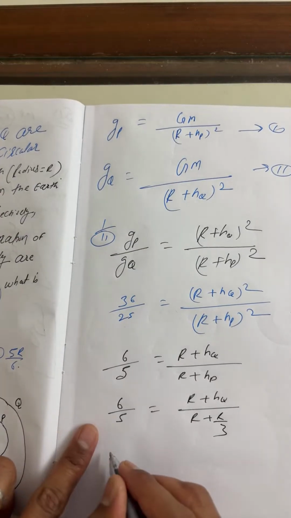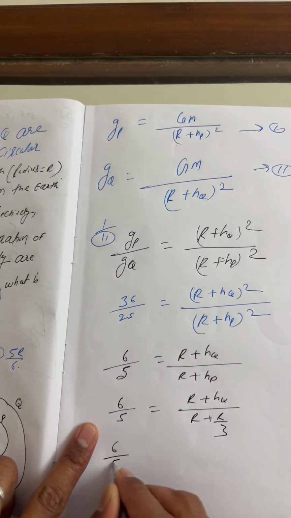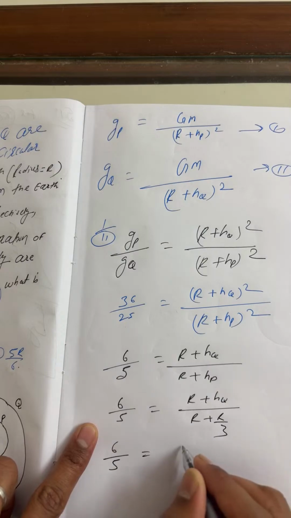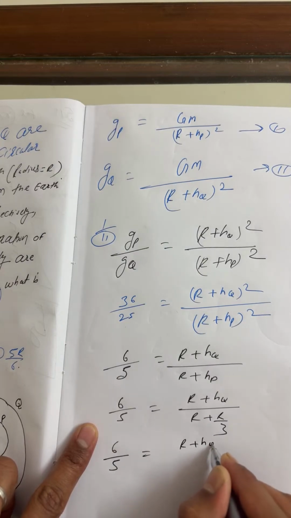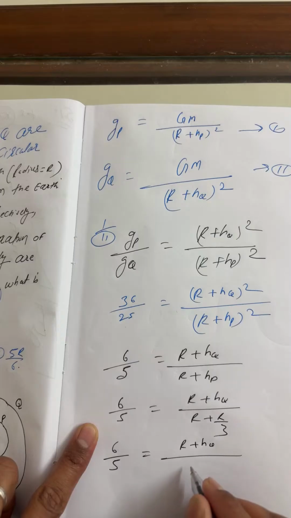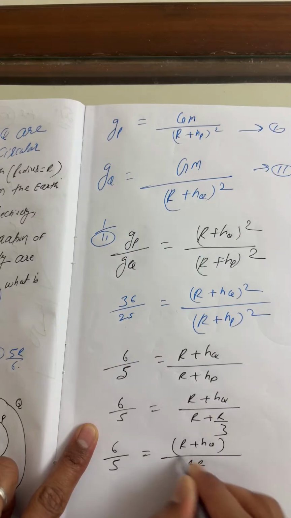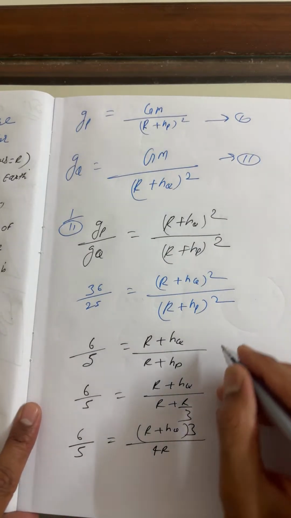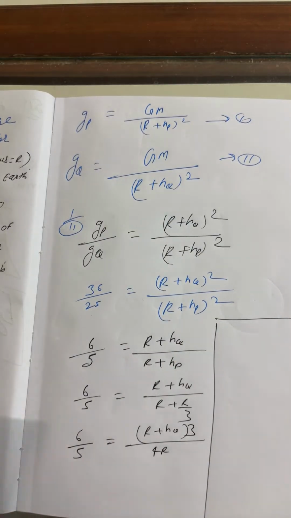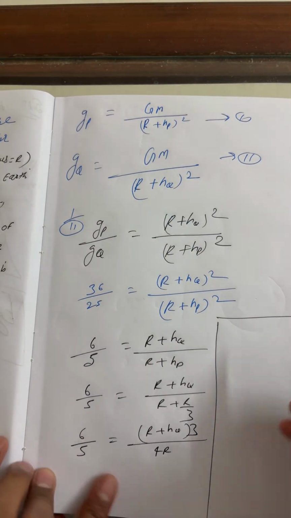Going forward here, solve: R plus R by 3 is 4R by 3. I'll continue here because there might be further calculation.